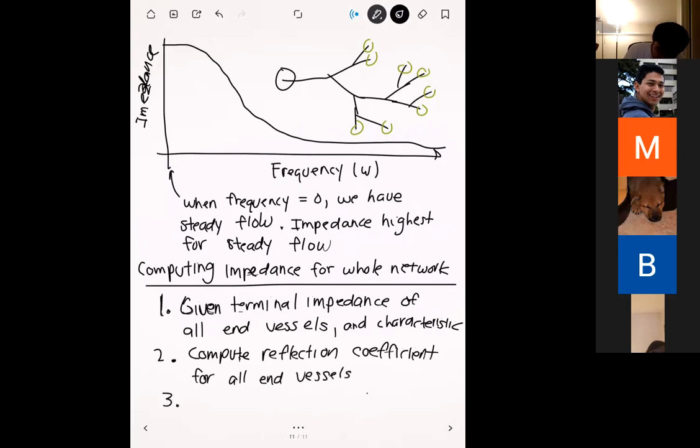Okay. All right. And so now that you know the reflection coefficient and you know the terminal impedance and characteristic impedance, what you can do is you can find the input impedance of each of the end vessels.